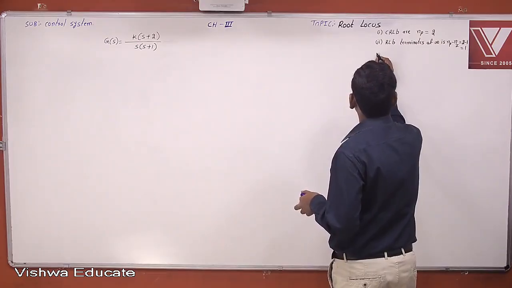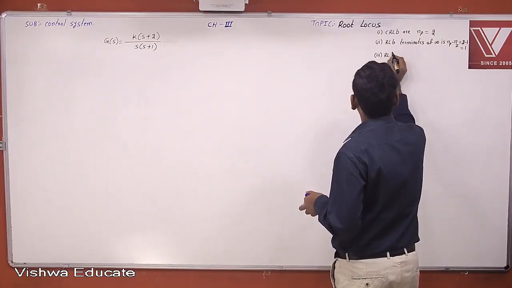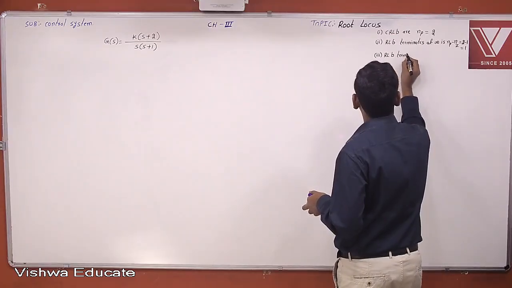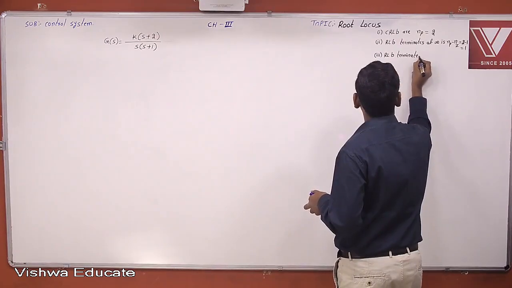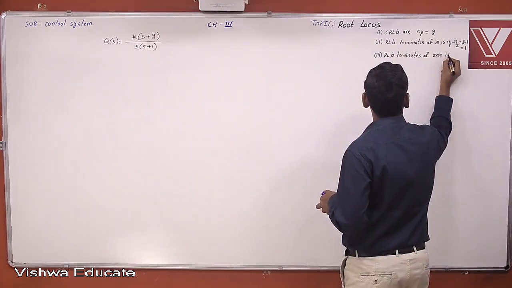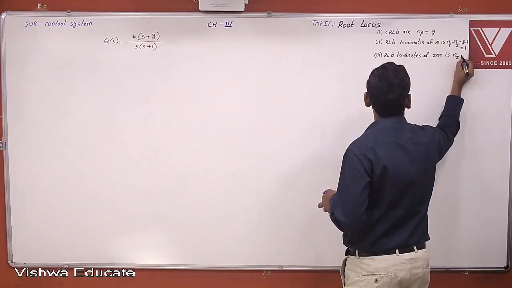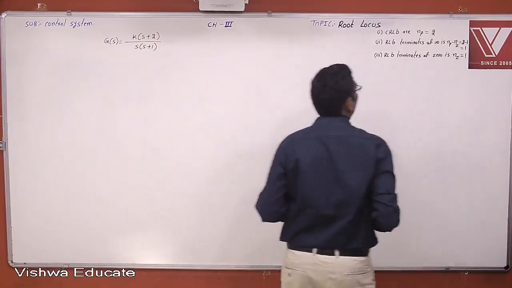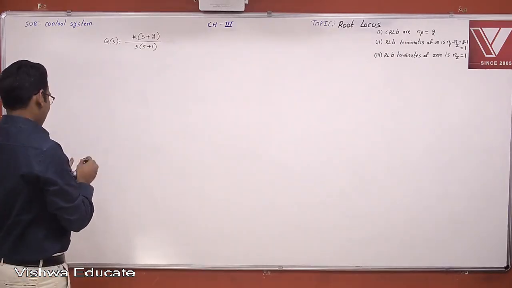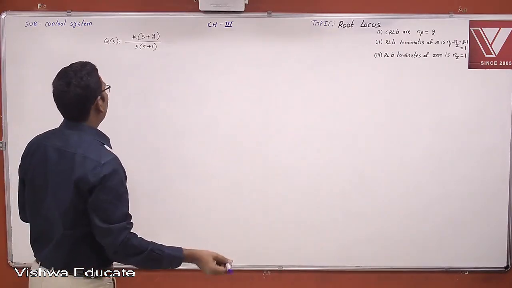Root locus branches terminating at zero are NZ, which is equal to 1. These are the 3 points.